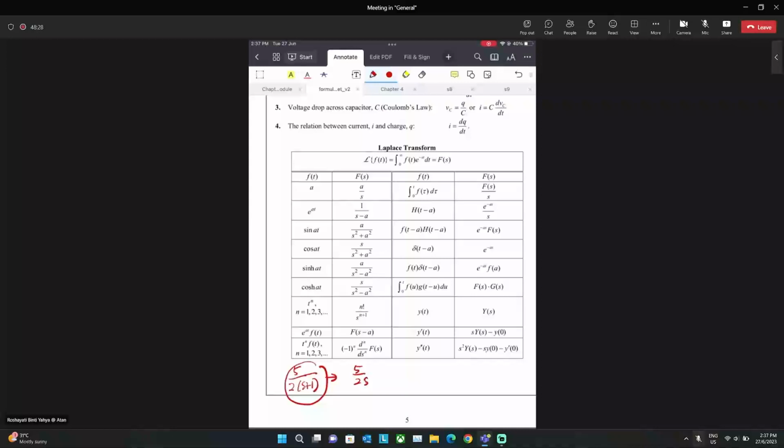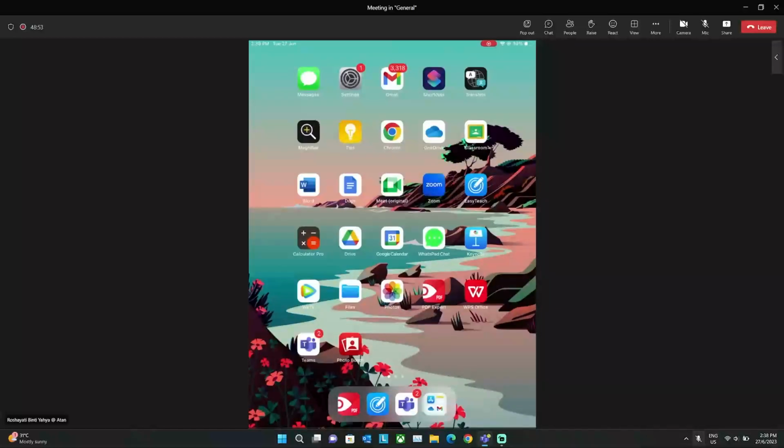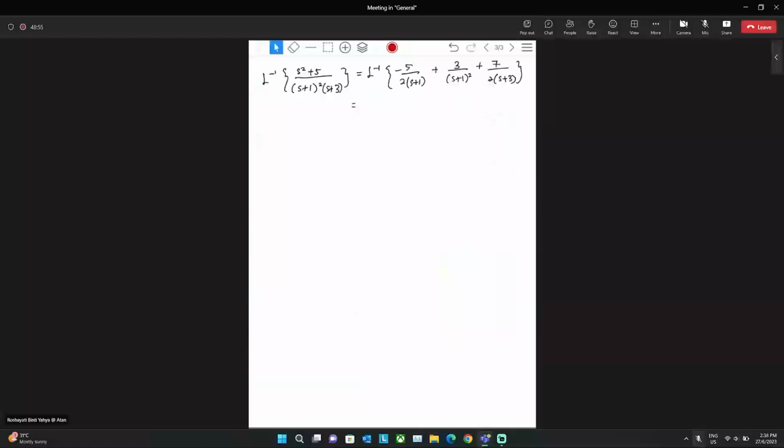You refer to this 5/2, so your a equals 5/2 over s. So the inverse Laplace transform becomes 5/2. The first one is negative 5/2. Okay class, now you have s plus 1.